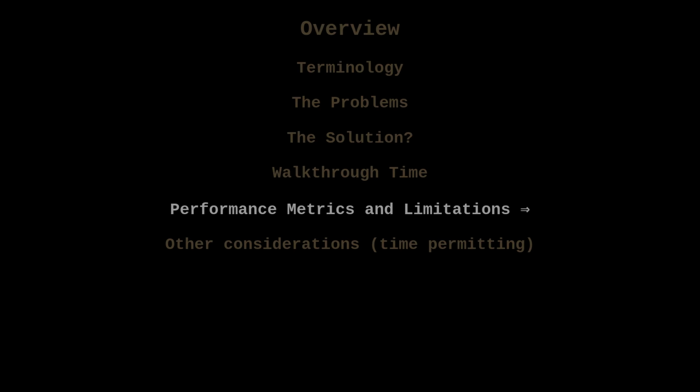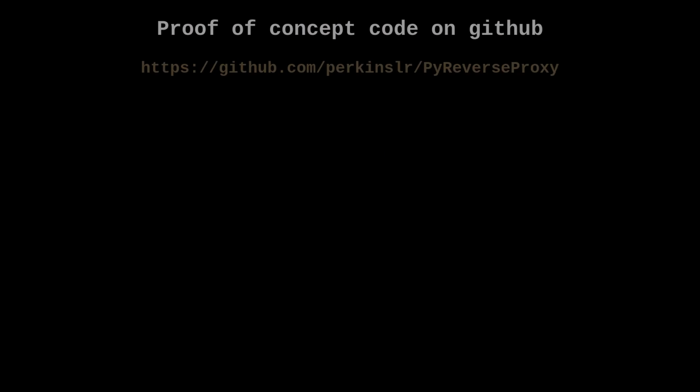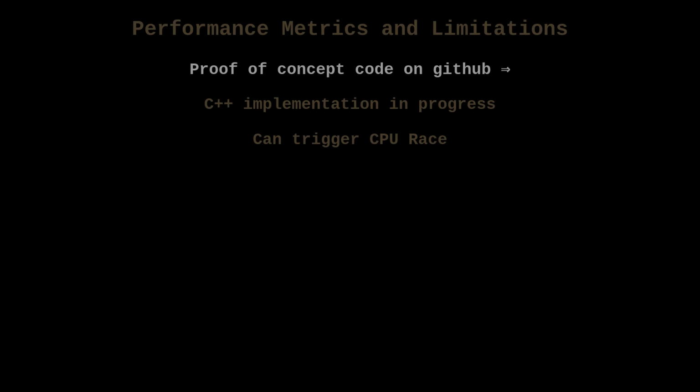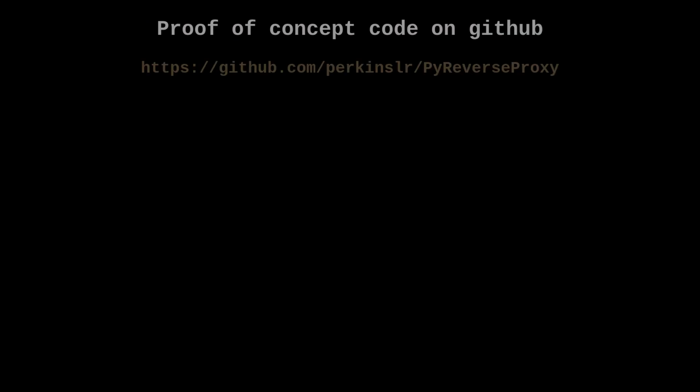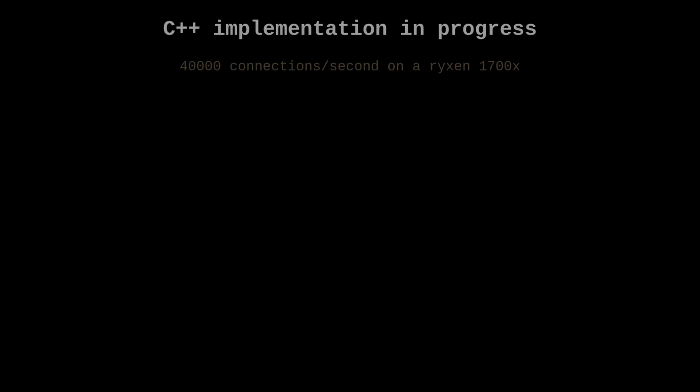How well does it perform? If you're interested in checking out the code, there's a link to my initial implementation of it in Python on GitHub. There's a C++ implementation in progress, and I hit 40,000 connections a second using a Ryzen 1700X.